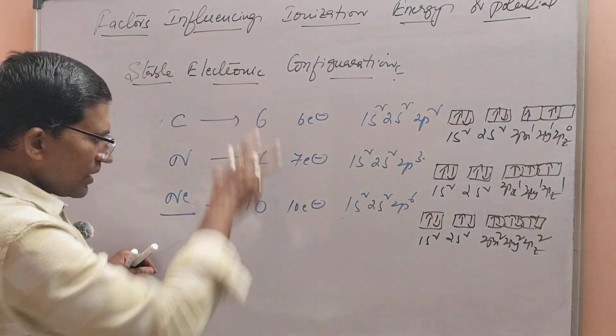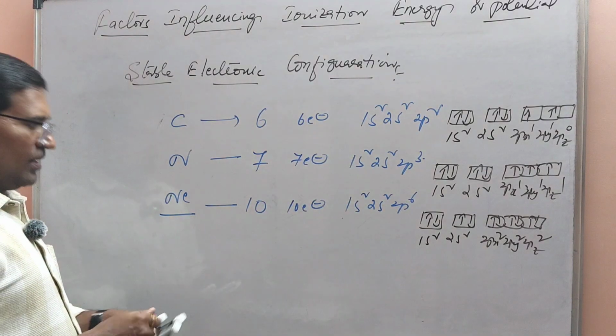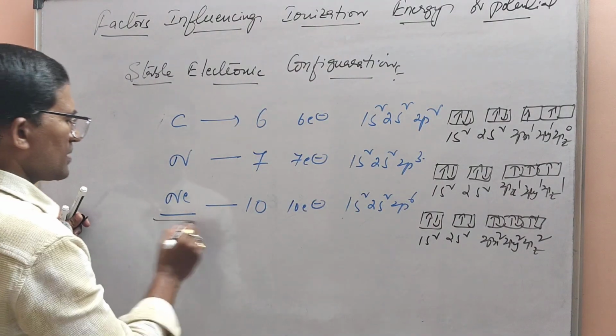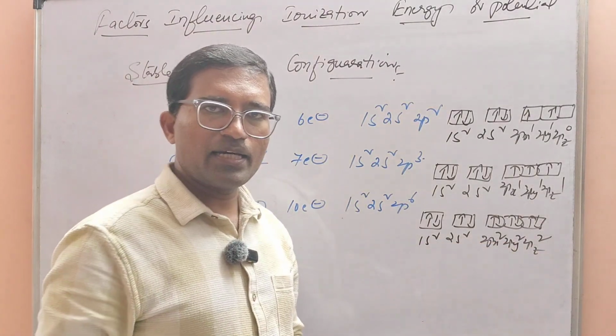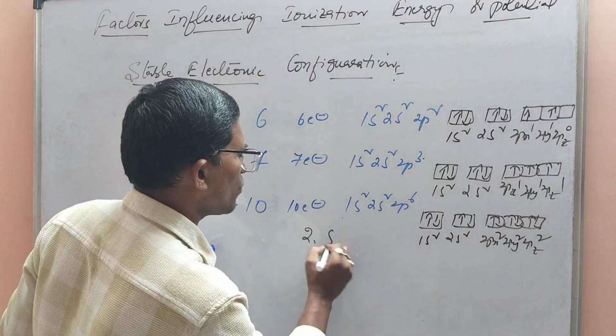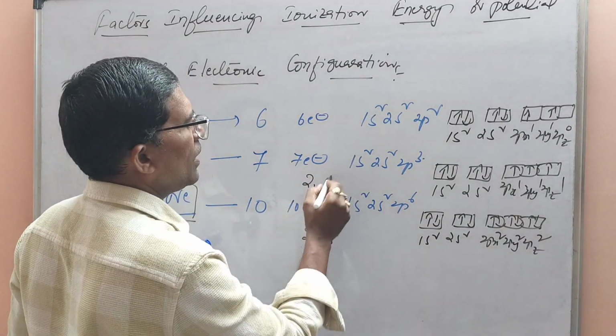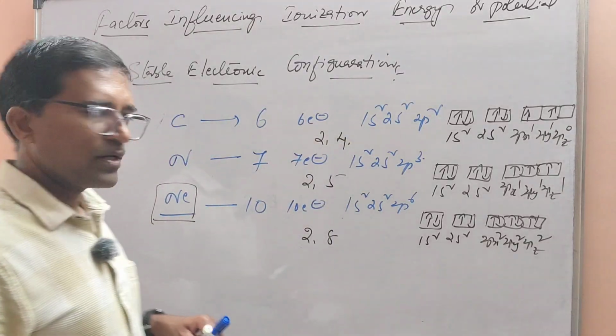So among all these three elements, you tell me which element has octet configuration. The element with octet configuration is neon, which is a stable configuration with fully filled orbitals. If I write the shell level configuration clearly, it is 2, 8 for neon, 2, 5 for nitrogen, and 2, 4 for carbon. Understood?